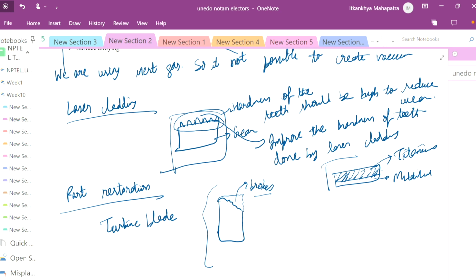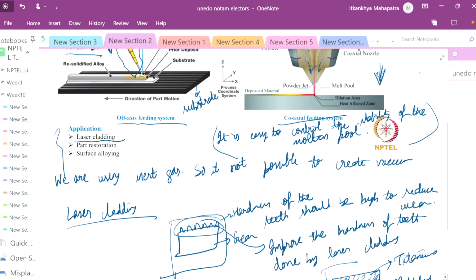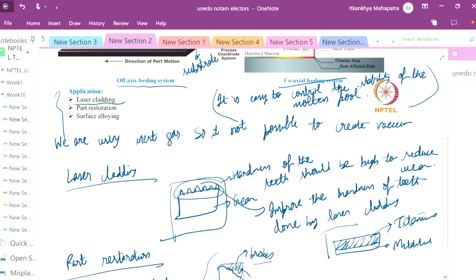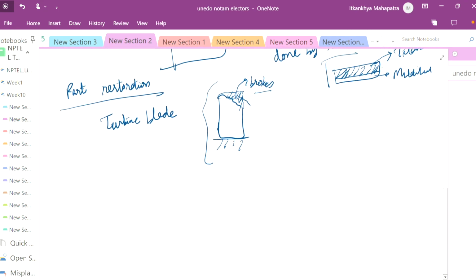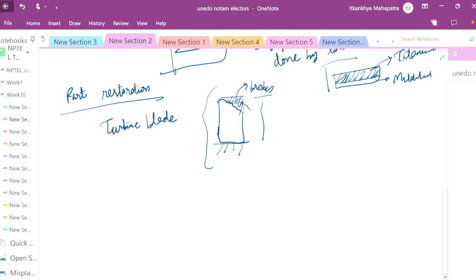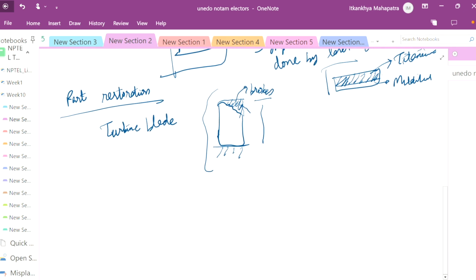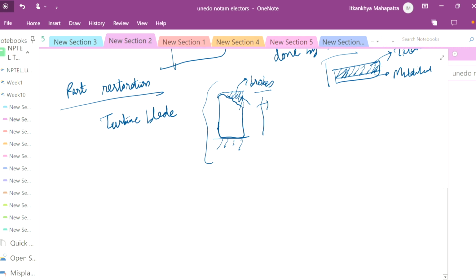If we just want to restore it, then we can deposit the material in this portion and this component will be restored. So this is a part restoration application. And the next one is similar: when we are repairing old monuments, we use this type of application. Part restoration: ancient monument repair.